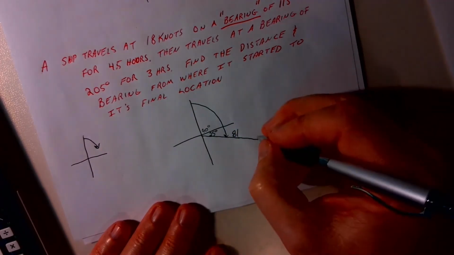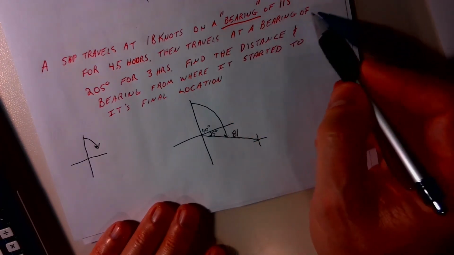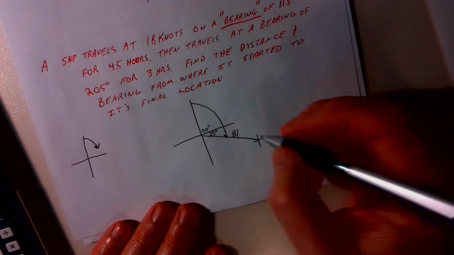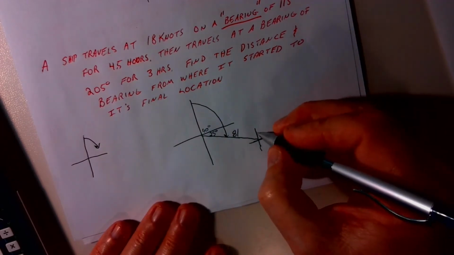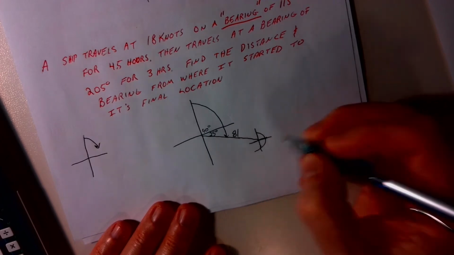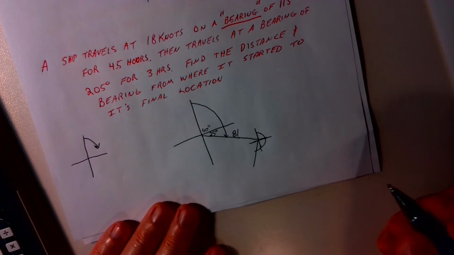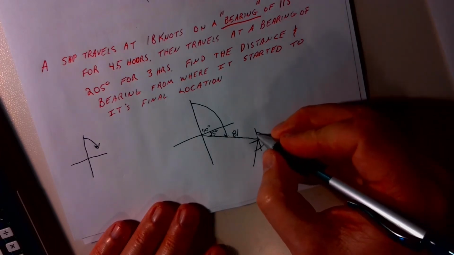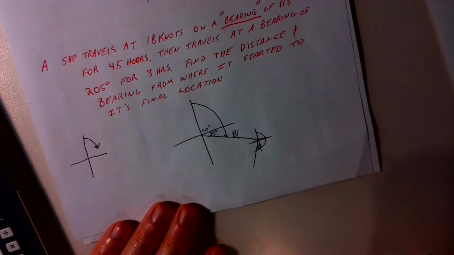Okay, and then from that point right there, it then travels at a bearing of 205 degrees. So I put my little crosshairs right in here and go 205 degrees, which takes me right to here, which tells me that that angle right in there, because that's 180 degrees, 205 is 25 more than that.